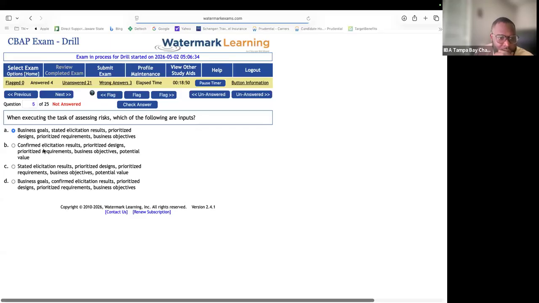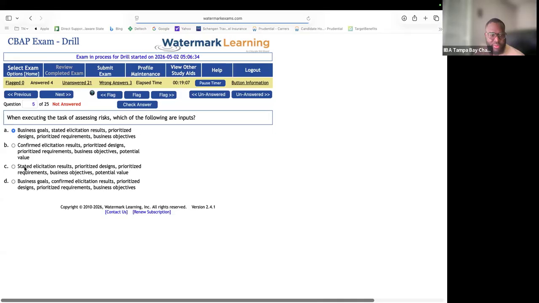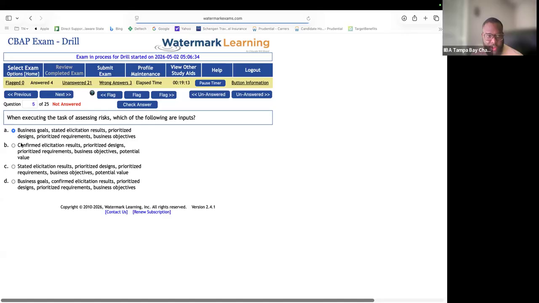So the only thing making the difference between the two is confirm elicitation result and state elicitation result. That's the only difference that I can see. Confirm here versus state elicitation result here. Okay. Any other opinion?